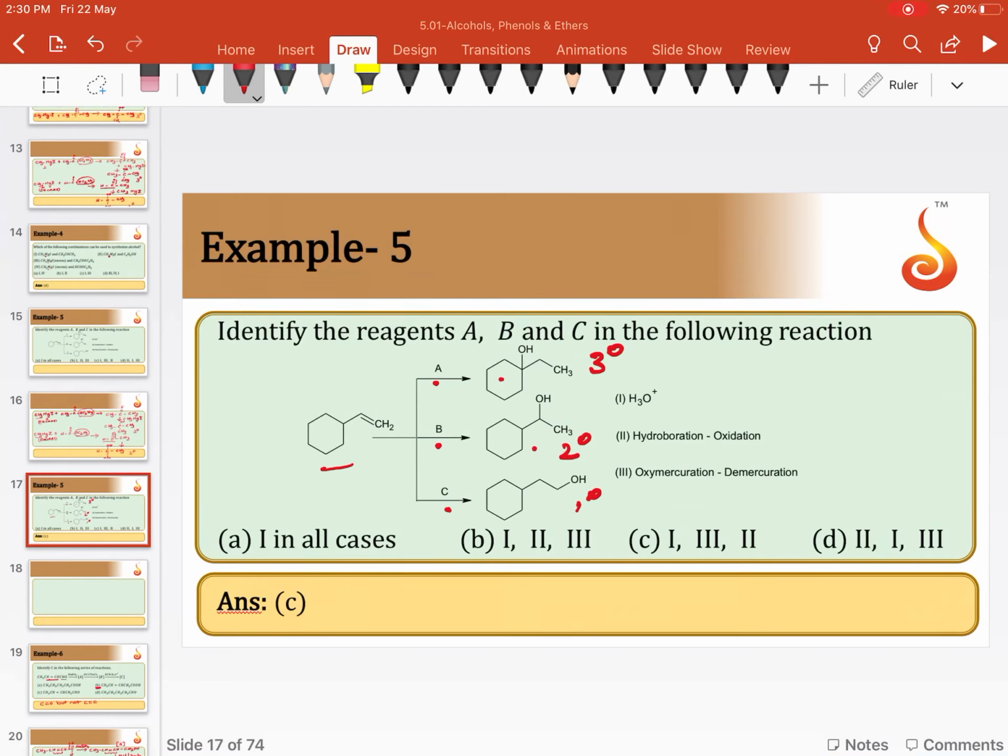alcohol. We know in acid catalyzed hydrolysis, addition takes place according to Markovnikov's rule with rearrangement.